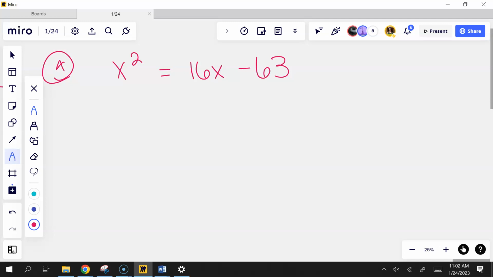In the beginning, I'm going to go ahead and put everything on the same side just so I can get it like I'm used to working with it. Okay, so x squared minus 16x, I'm moving this one over. Well, I'll go ahead and move everything over just so that it looks the way you're used to seeing it.